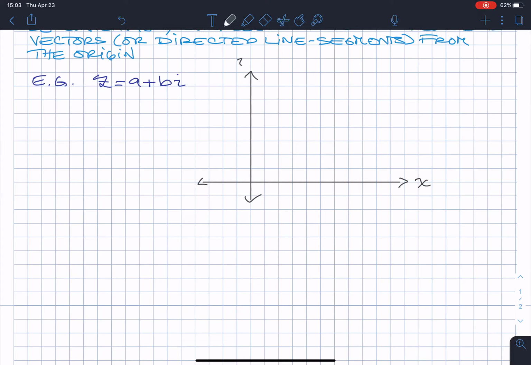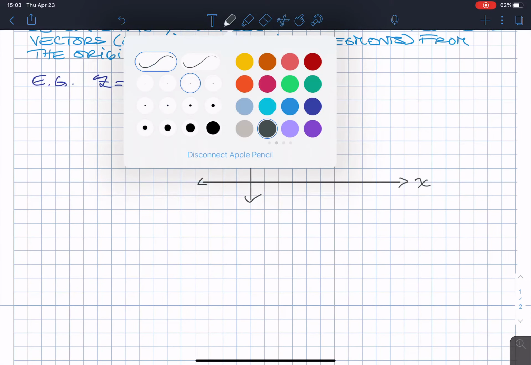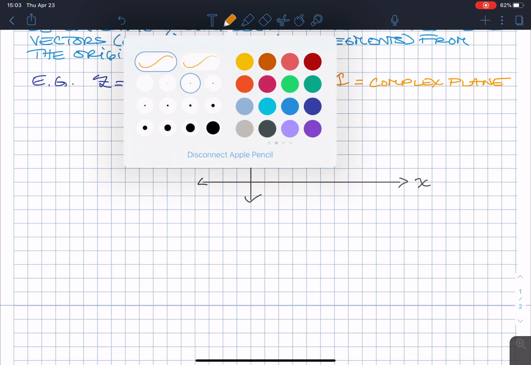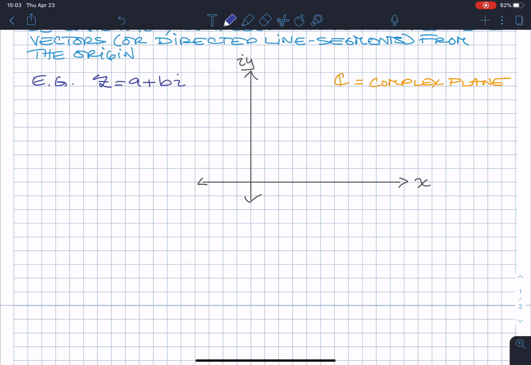So I have the x and iy, because we have iy as our vertical. So say this is A and this is B on the IY axis, then Z is not just the point here, it's the directed line segment here in the plane. So this is Z equals A plus BI.